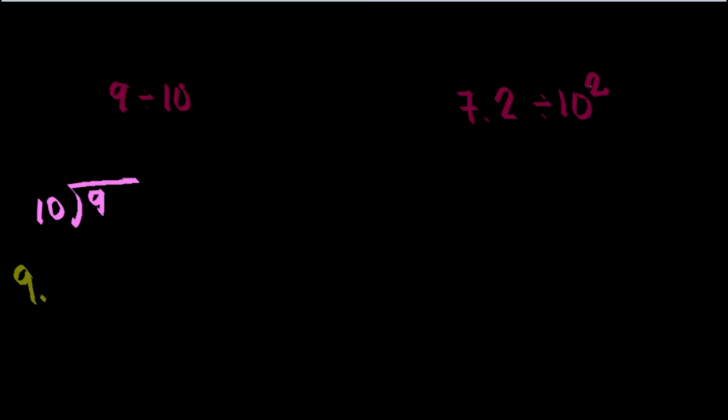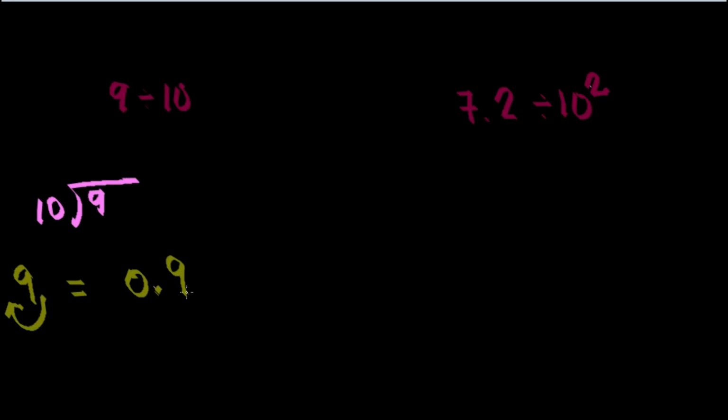So we are working with 10 as a power of 10, and there is 1 zero in 10, so we move the decimal point 1 time to the left. Okay? So now the decimal point comes before the 9, so our answer is 9/10.